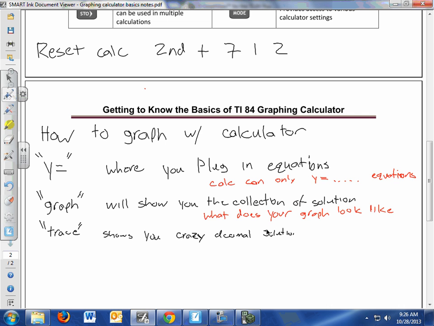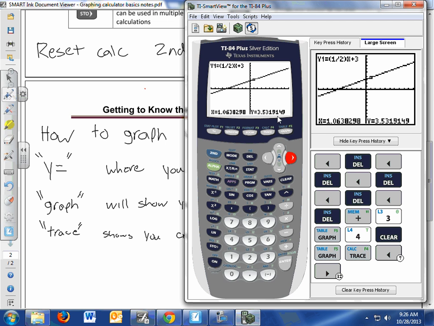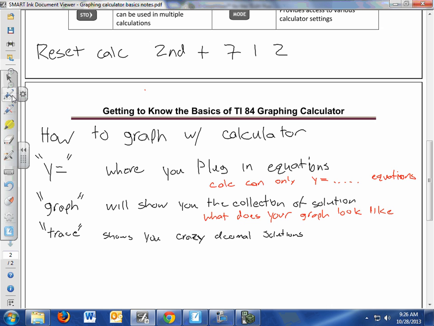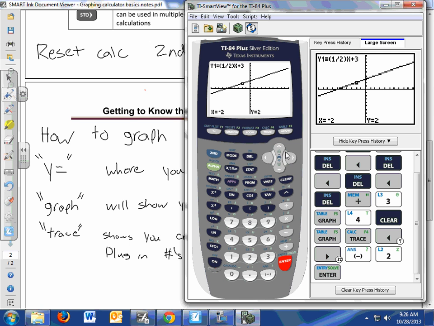I believe if you press trace, now you can enter in a number. Yes. Okay? So once you press trace, you can plug in numbers. So that's a great way.